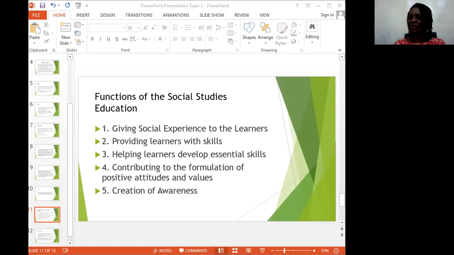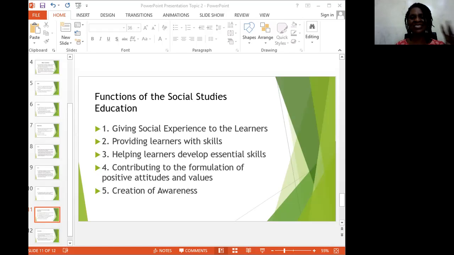And we know that social studies derives its content from all these fields. And these help contribute to individuals' acquisition of what? Critical thinking. Remember, we're talking about essential skills. And these skills are what? Critical thinking skills, problem solving skills, and decision making skills.